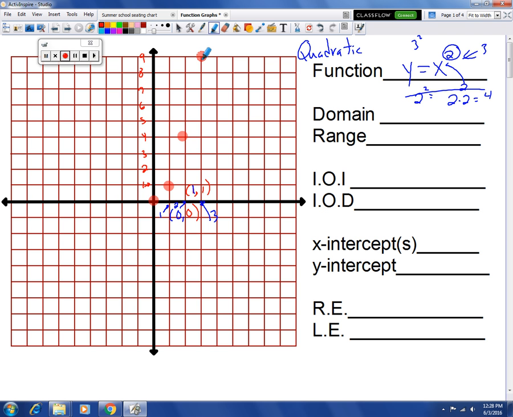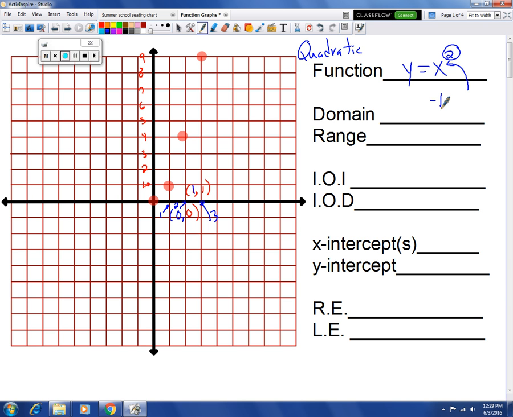Now, one thing you have to remember when you're substituting, we love positive numbers, but sometimes we don't like negative numbers for whatever reason. Think about negative numbers when you substitute. Be a little more careful when you substitute negative numbers, especially if you're just putting it in a calculator.